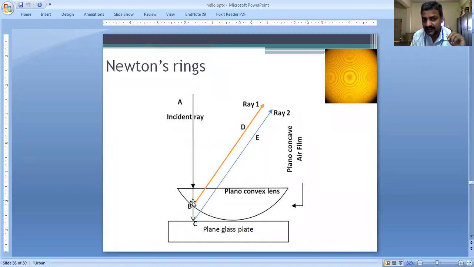So imagine that the light ray is coming up to here at point B, it is being reflected. Assume that out of 100 units, only 10 units have come here, right? This is 10 units. Ray 1's intensity is 10 units, and the B is being further split into component. So 90% is coming down.